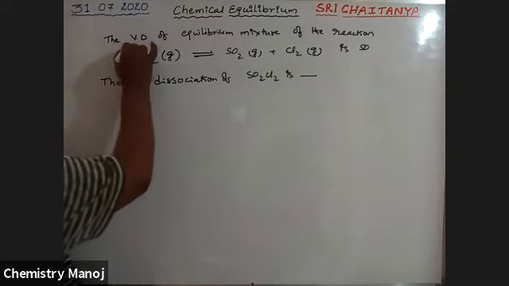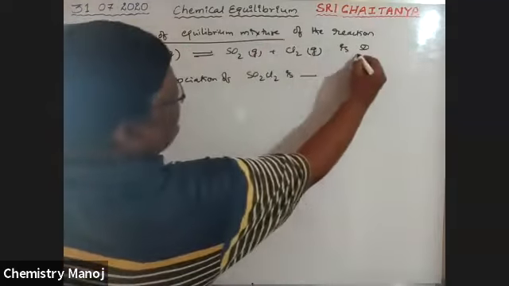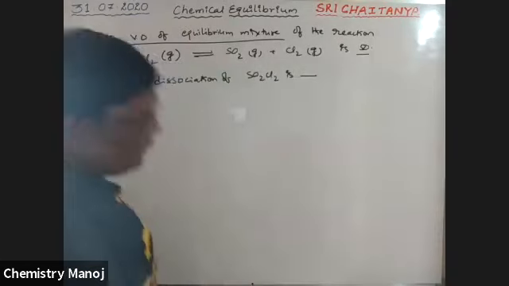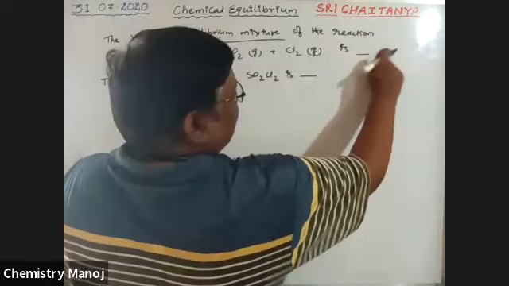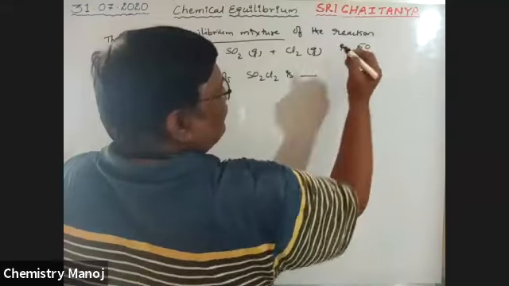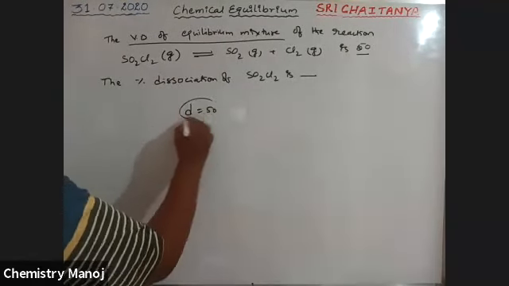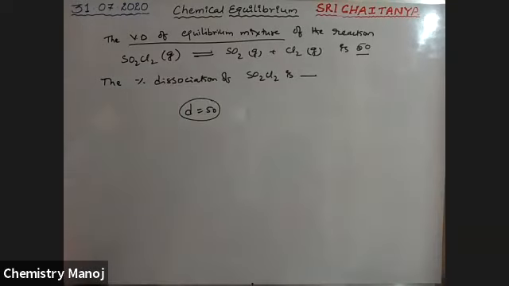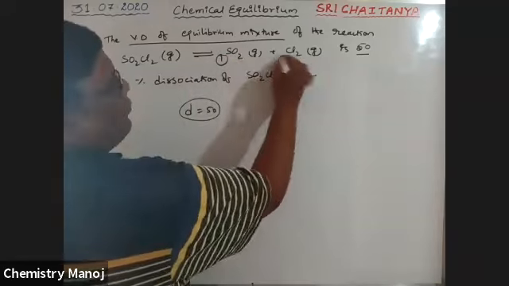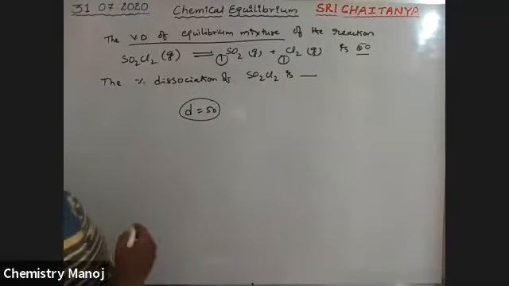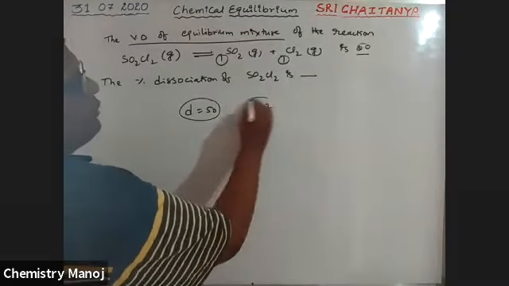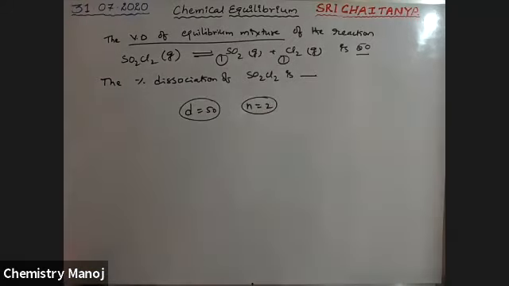The vapor density of the equilibrium mixture is 50, that means small d is equal to 50. Here it is 1 mole, so n is equal to 2.